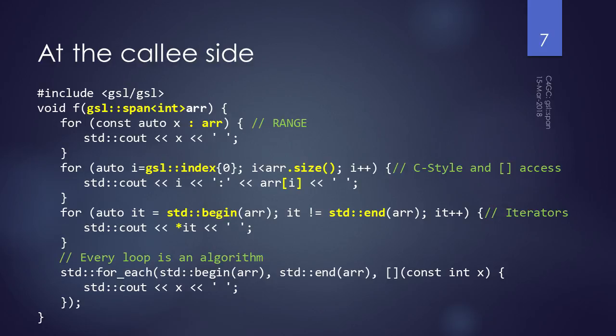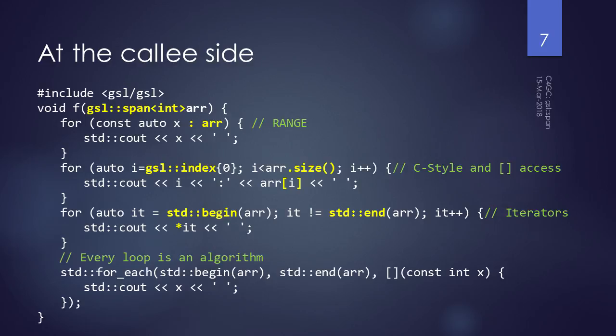We have a size here, and for some reason, which I didn't understand, the index has to be of this type. I'm not sure what is the meaning of the GSL index. Maybe for static analysis. Maybe.